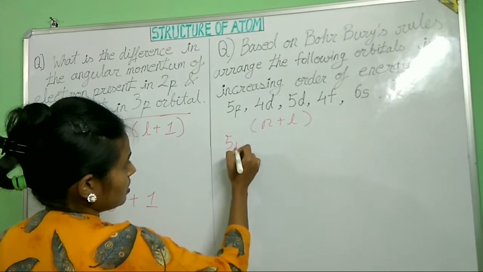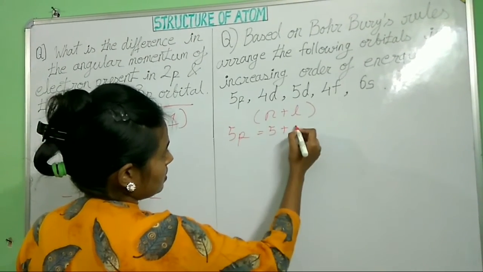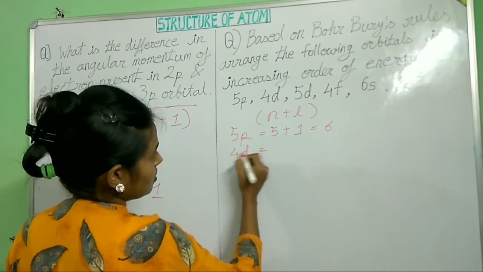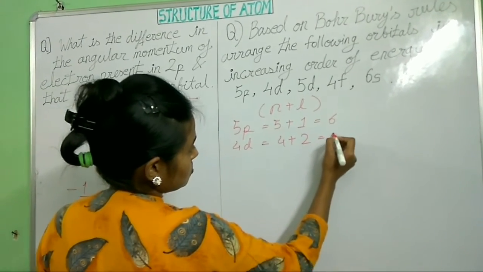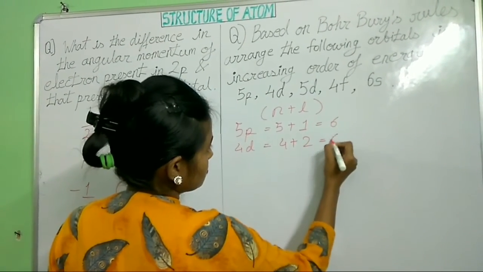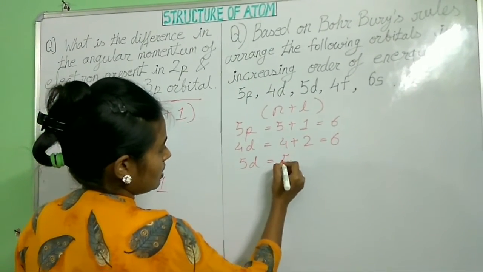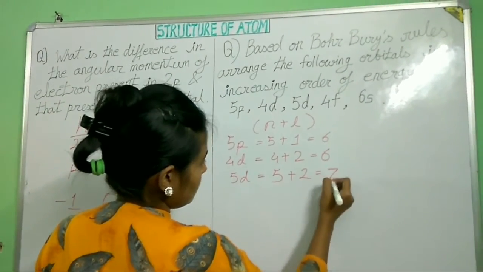For 5p, how much will it be? 5 plus, for p, 1. So 6. For 4d, how much? 4 plus, for d, l is 2. So 6. For 5d, how much? 5 plus 2, that is 7.